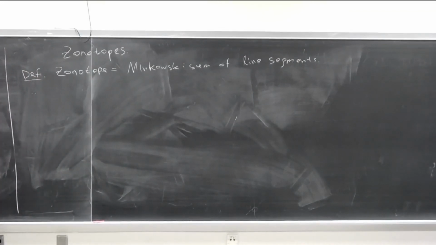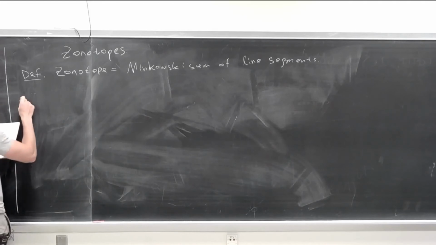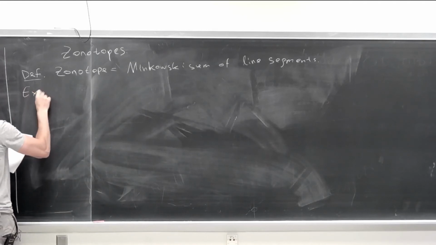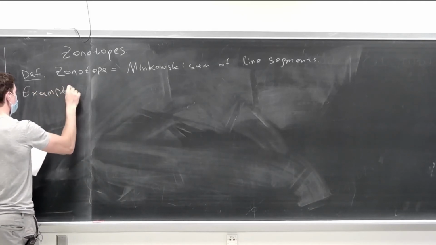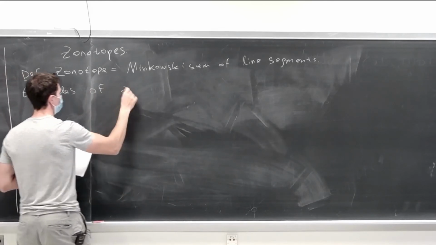Just take a bunch of line segments, take the Minkowski sum, and that polytope is called a zonotope. So, examples of zonotopes.